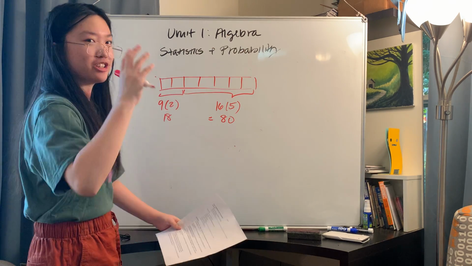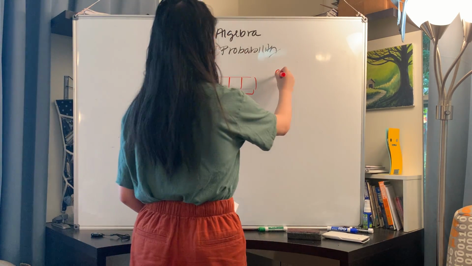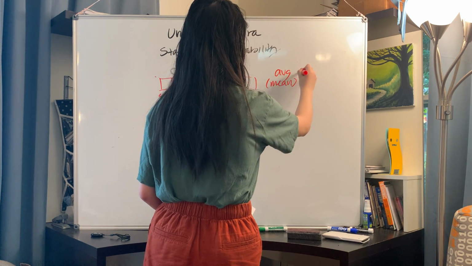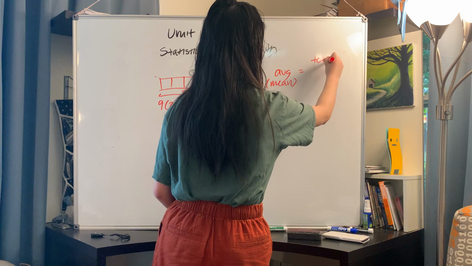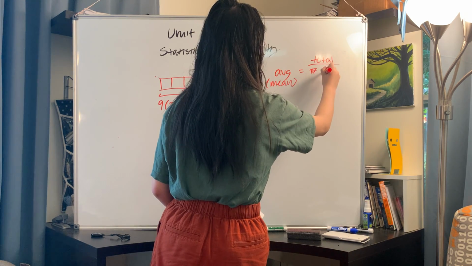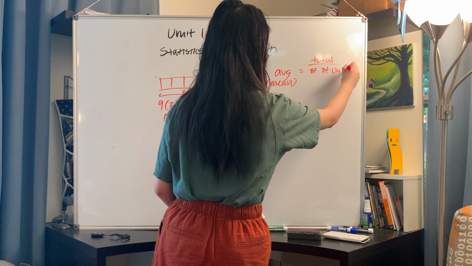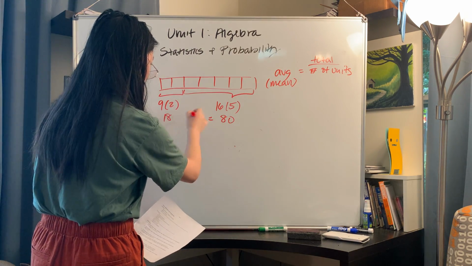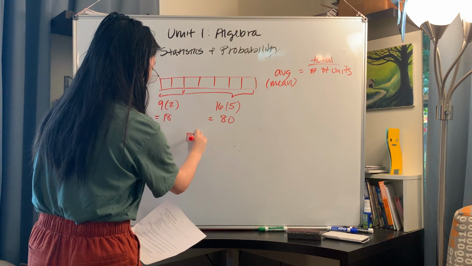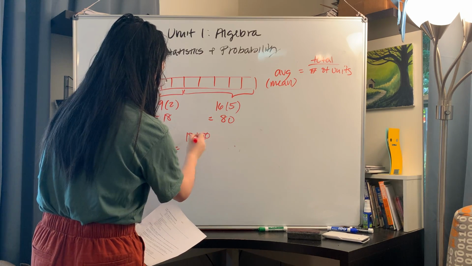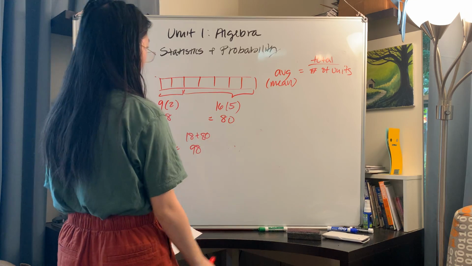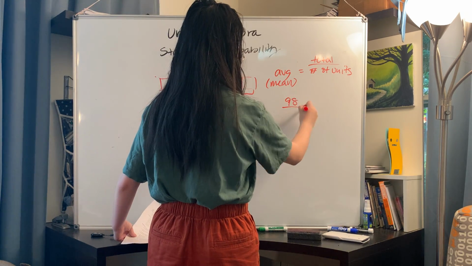Well, you should always keep this in mind: average, or mean, is equal to total divided by number of units. So the total is 18 plus 80, which is equal to 98. And the number of units is 7, so we get 98 divided by 7.